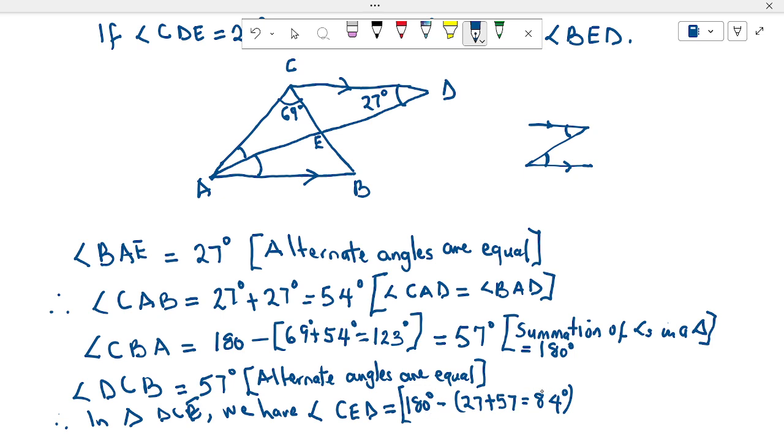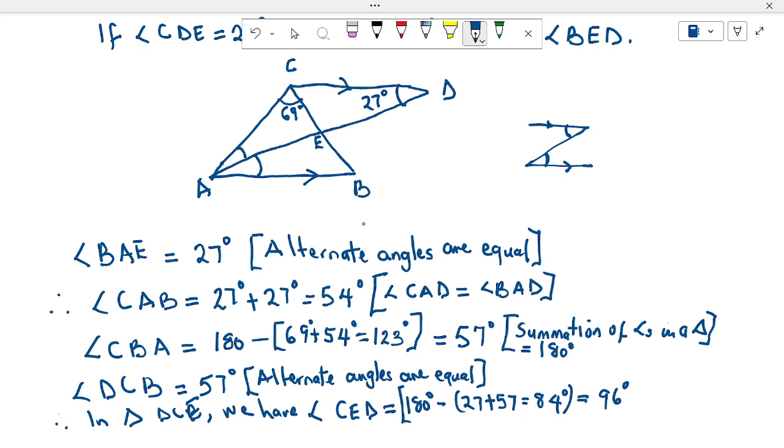Subtract 84 from 180. You have 96 degrees. Therefore, we have 96 degrees as angle CED. Angle CED is 96 degrees.